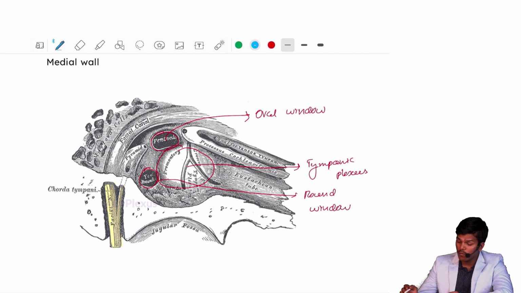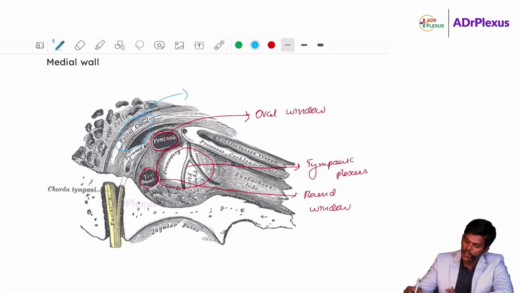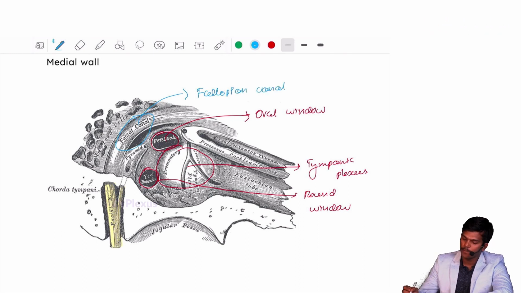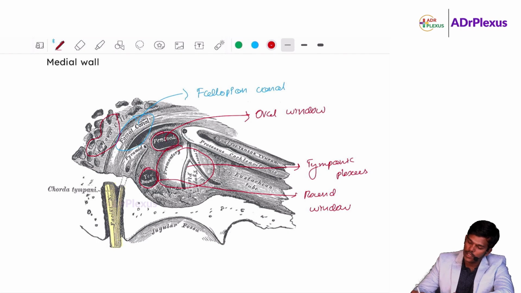Just above the oval window you will be having the facial canal, or otherwise called fallopian canal. Just above the fallopian canal you will be having the prominence of lateral semicircular canal.